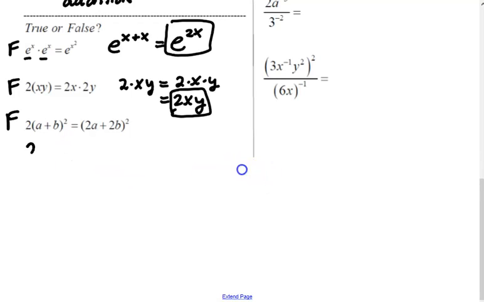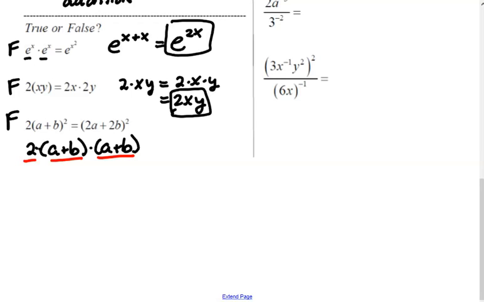So the first thing we have to think about is 2 times the quantity a plus b times the quantity a plus b. So we have 3 things multiplied together. If it was 2 times x, that would be 2x squared. It would not be 4x squared.